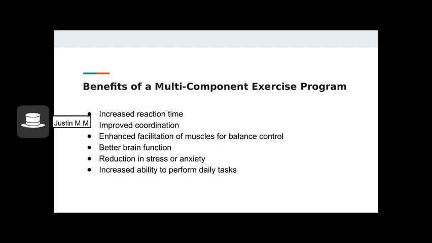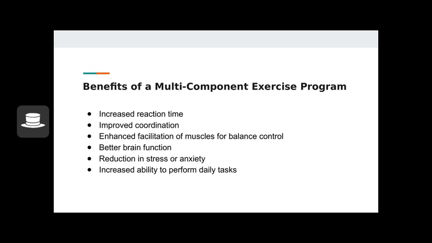While we talked about different fall risks, we also want to discuss the different things that we can do to reduce those risks. And these can be found in a multi-component exercise program. And by multi-component, I simply mean things that challenge our strength, things that challenge our flexibility, things that challenge our balance.